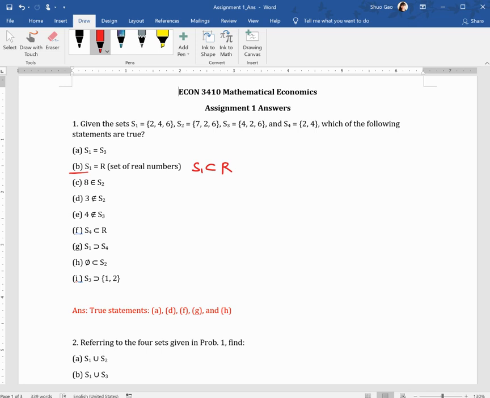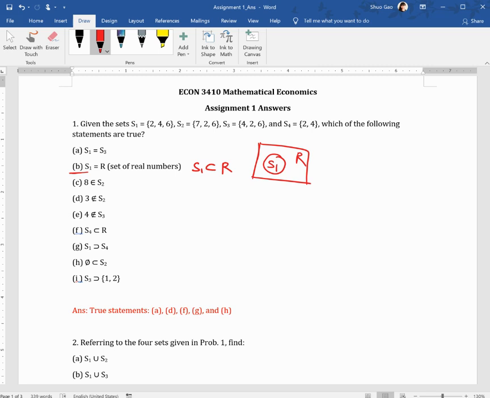All the other numbers, whether an integer or a fraction, are called real numbers, not only the 3 of them. So S1 should be a subset of R, so they're not equal to each other. If you draw a graph, this should be S1, and in the rectangle should be the set of all real numbers.